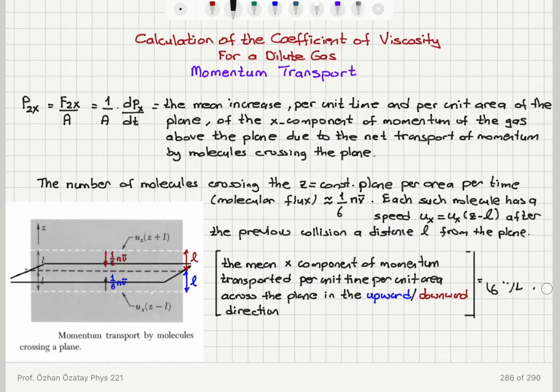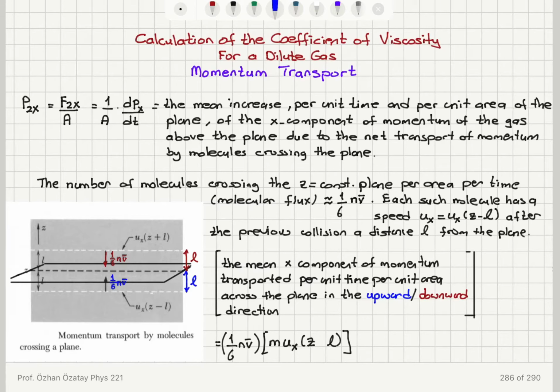So this didn't fit here, so let's rewrite it here. This is basically 1/6 n v bar, the number of molecules crossing the plane per unit area per unit time. They each have a momentum, mass times their speed ux, at z plus or minus L, depending on if they're moving upward or downward.